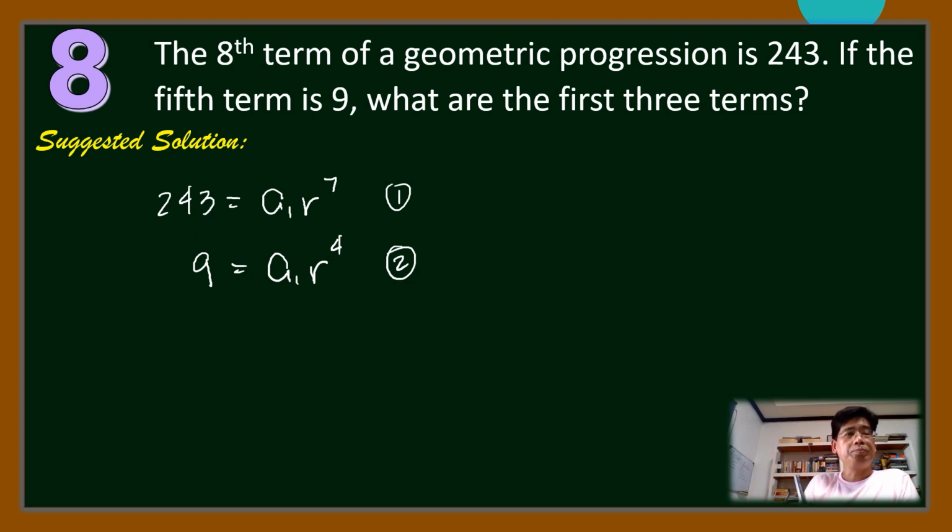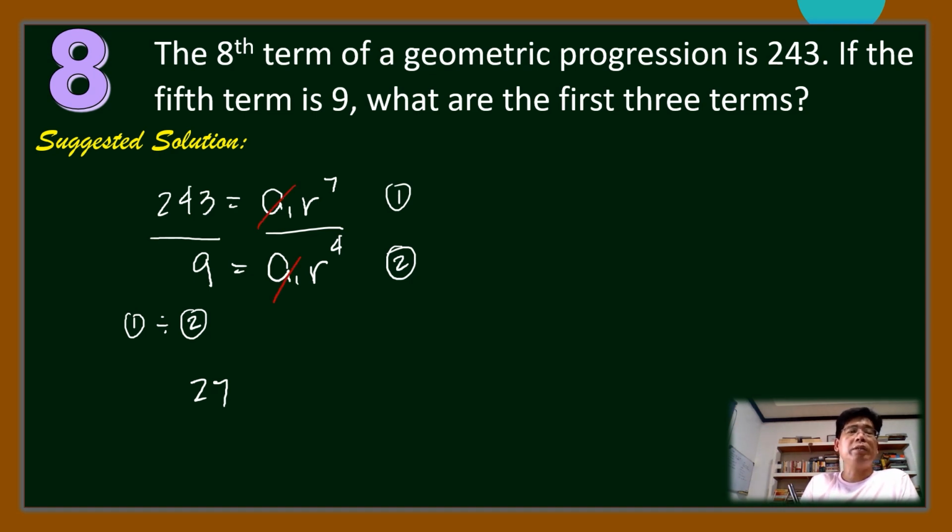For our solution, let us get the quotient between equation 1 and equation 2. So we have 243 divided by 9, that is 27. Also, a sub 1 r raised to 7 divided by a sub 1 r raised to 4. a sub 1 over a sub 1 is equal to 1.